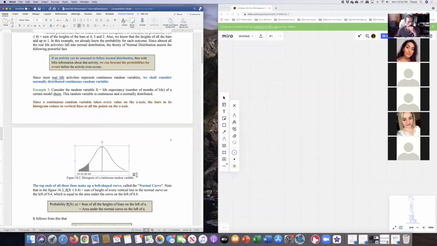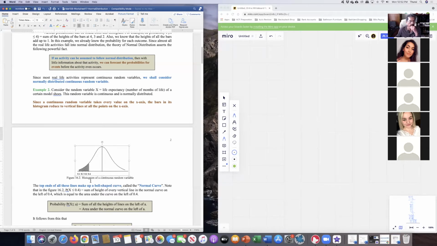This one is a continuous random variable. So when it is a continuous random variable, all the bars together make up this curve, the tops of the bars. You remember, the heights of these bars still represent the probability for each value. So this is a histogram of probability.